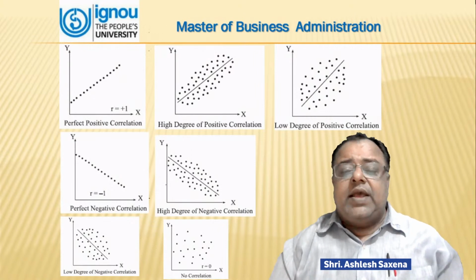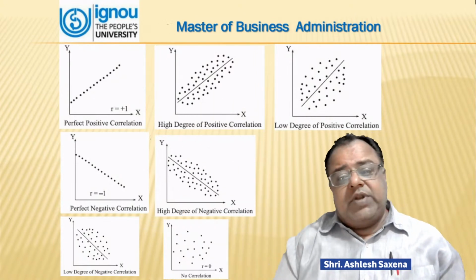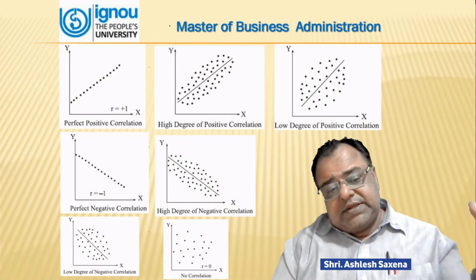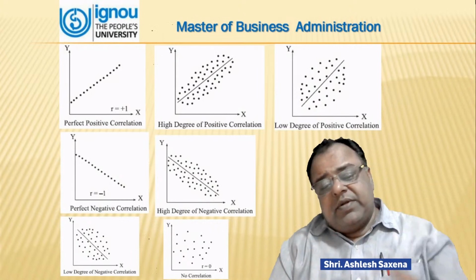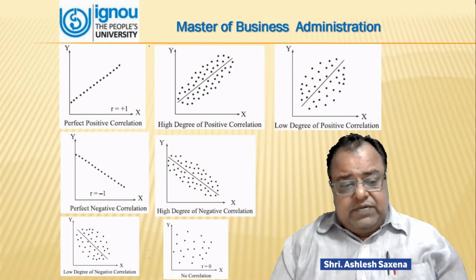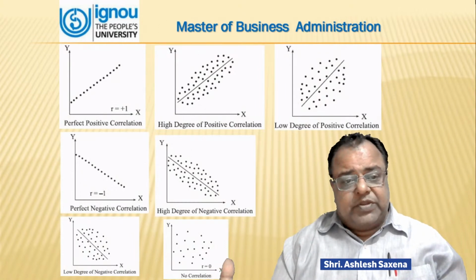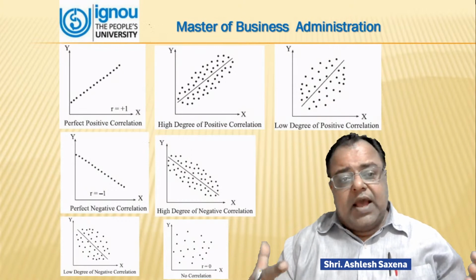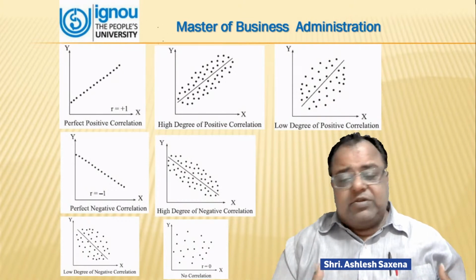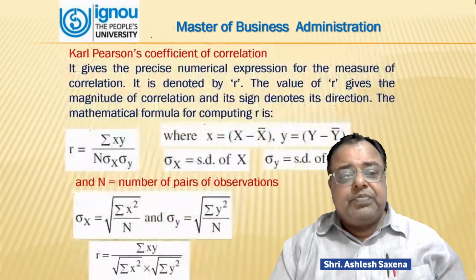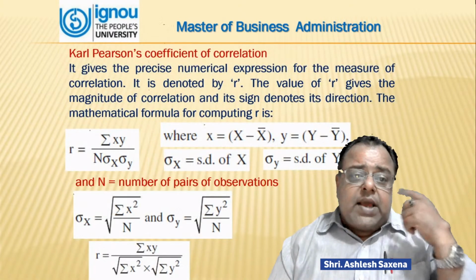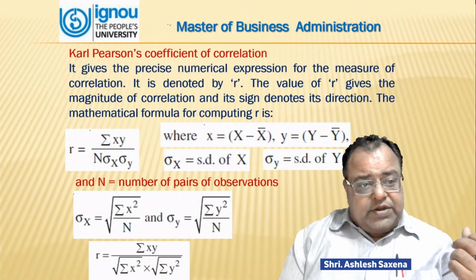If they are widely scattered and moving up, that is a low degree of positive correlation. Similarly, if the graph is coming down, it is for negative correlation. And if all the points are scattered, that is R equal to 0, and there is no correlation between the two variables. Secondly, it is the Karl Pearson coefficient of correlation.